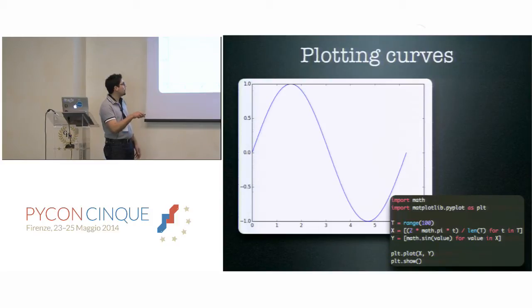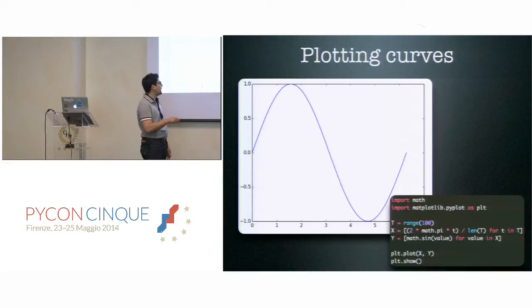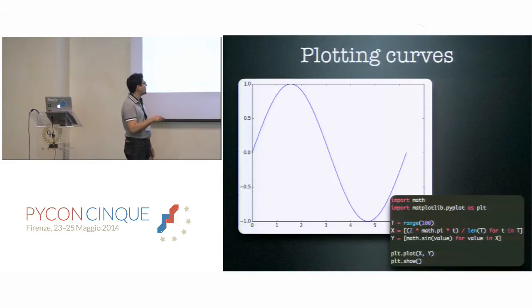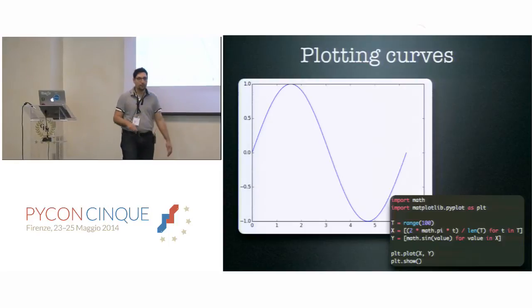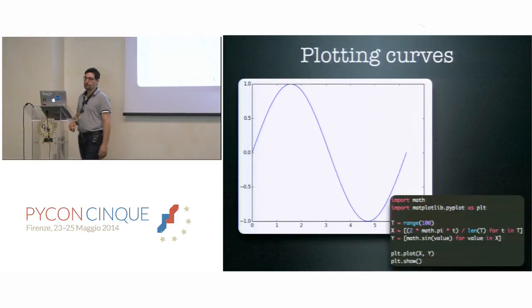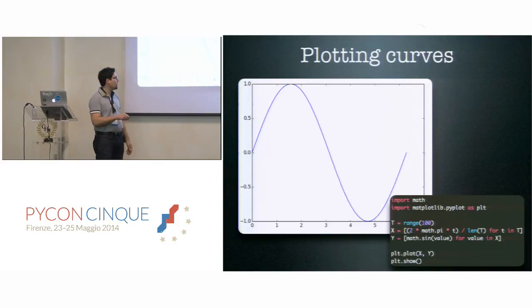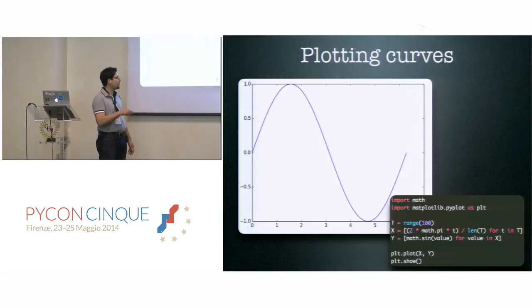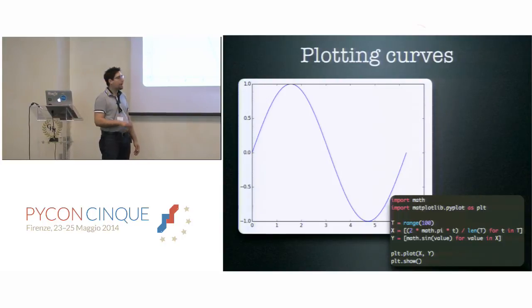The values of x are distributed in a range of 100 elements, starting from 0 to 2 times pi. Okay, and this is the plot. In two lines of Python code, we may create the plot and then show it. Okay, and this is pure Python.